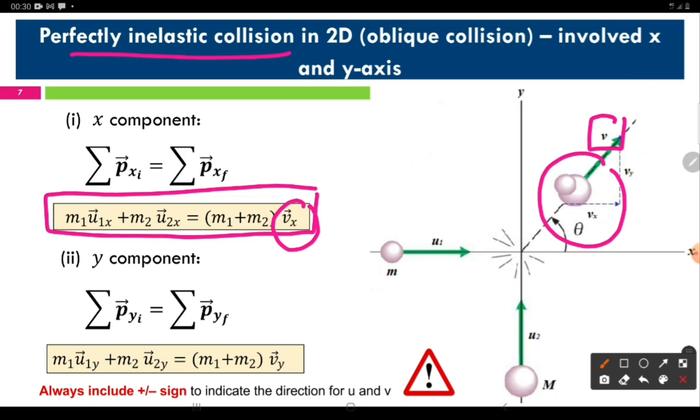And then for y component, when you apply the principle of conservation of linear momentum, the equation becomes m1 u1y plus m2 u2y is equal to m1 plus m2 multiplied with vy. Vy means the component of vector v along y-axis. Vx is the component of vector v along x-axis.